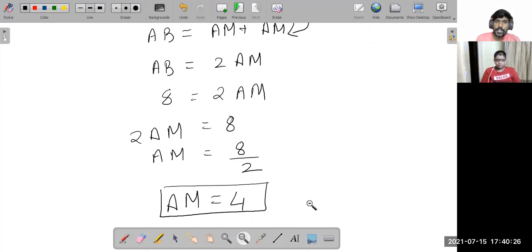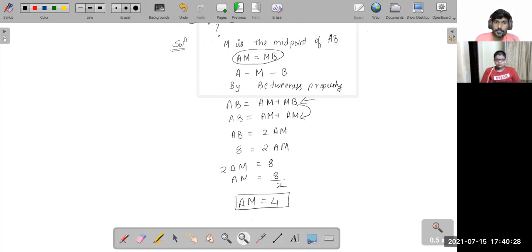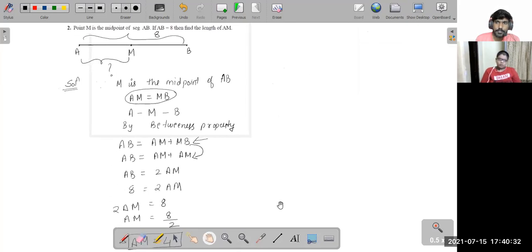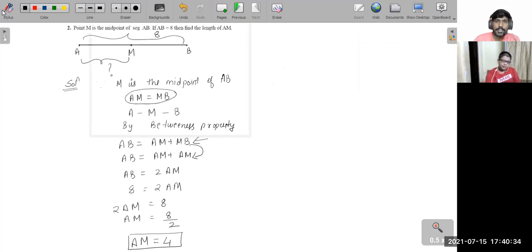This is the way you will solve it. Okay, can you see the entire sum? Go through the sum and then write it down.